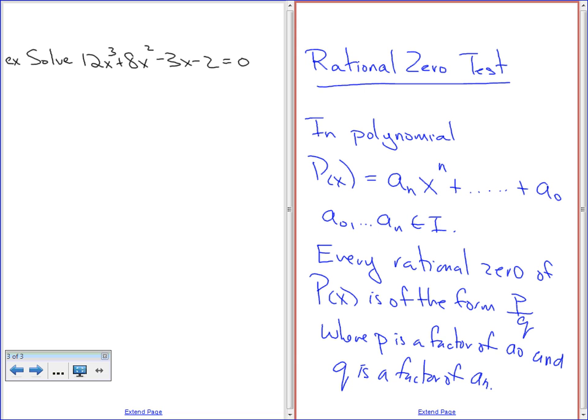So keep in mind what this test does is it gives me all the possible answers.